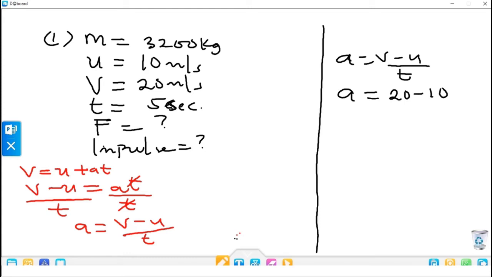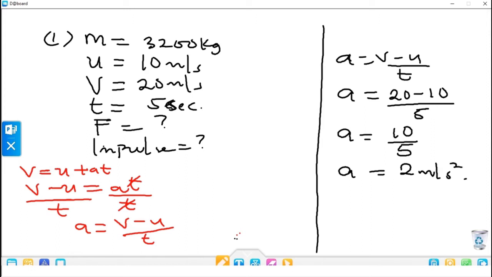Like I said earlier, u is the initial velocity, while v is the final velocity, all over the time taken, which is 5. Therefore, a equals 20 minus 10, this is 10, all over 5. So our a is equal to 10 divided by 5, which gives us 2 meters per second squared.